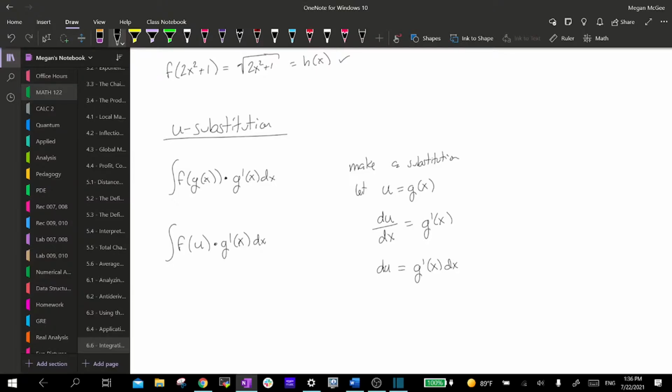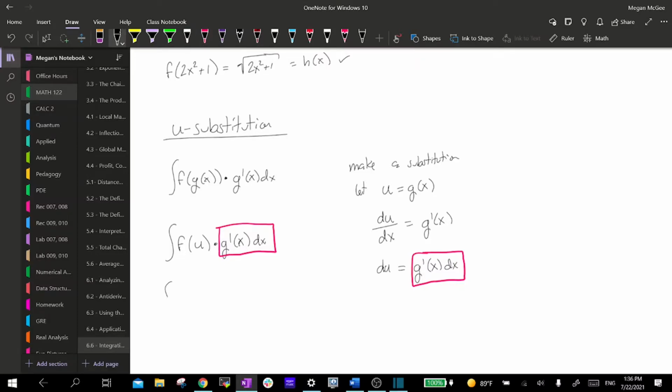The reason we're doing that is so that it's easier for us to see how we can substitute this in. We can take our g prime of x dx and substitute du.